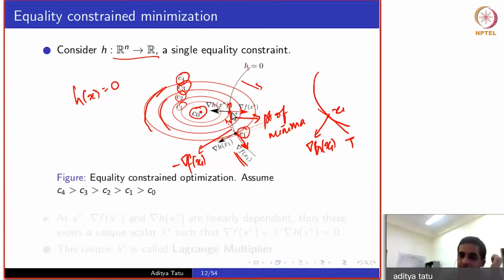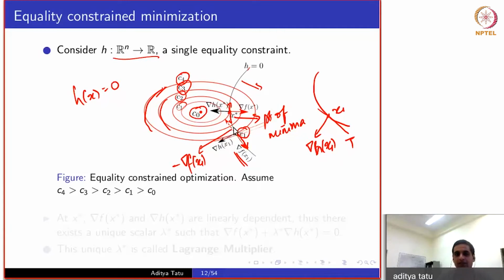Shouldn't it be tangent to this red ellipse? See, these ellipses are points where the value of the function is constant, does not change. Oh, okay, sir. Sorry, I got confused between the two curves. That's okay. Does that make sense now? Yes, sir.